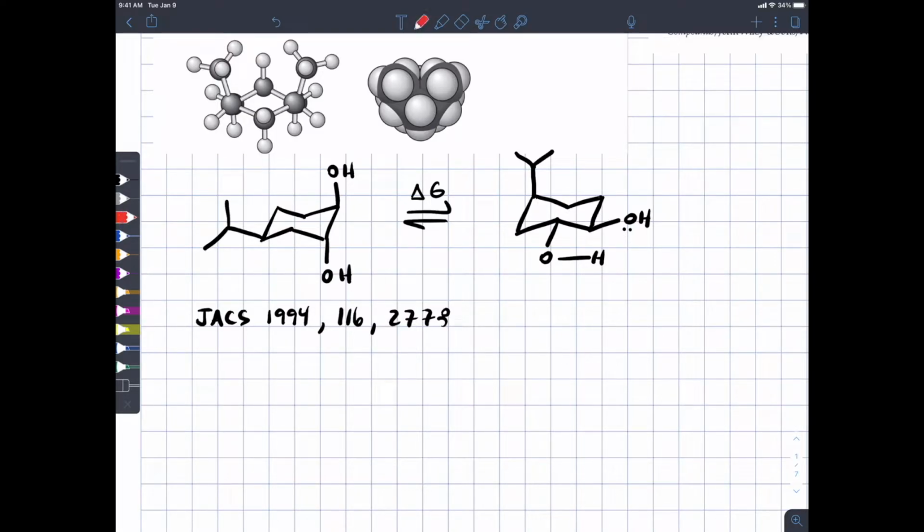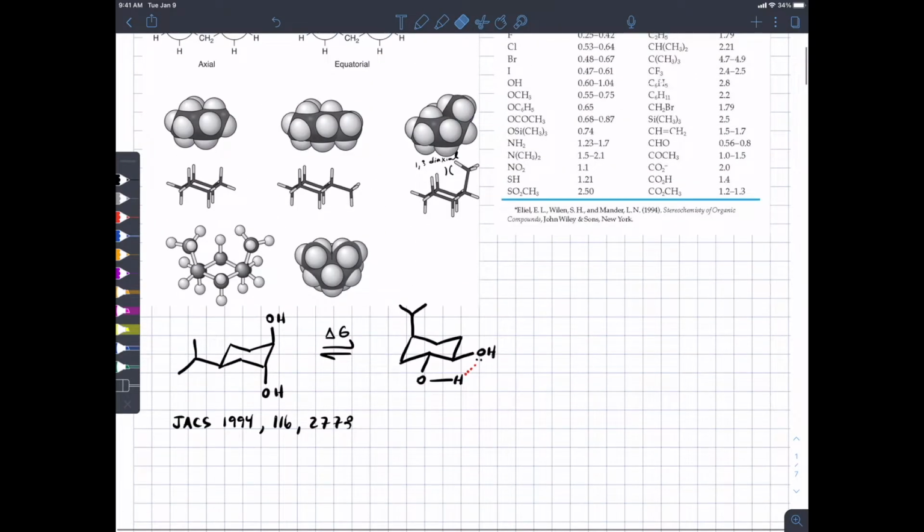And so he measured this change in folding free energy, and then he used the A values up here to account for how much better it is to have isopropyl equatorial versus axial, how much better it is to have OHs equatorial versus axial.